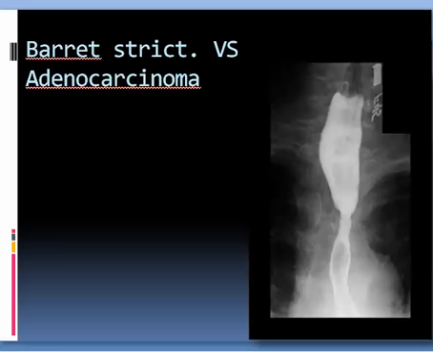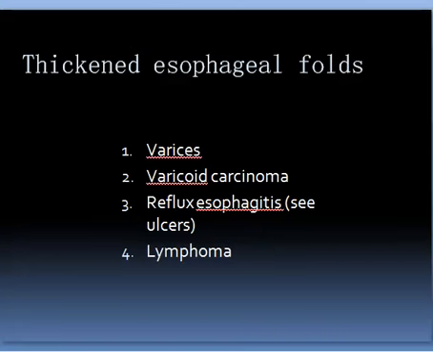Barrett esophagus versus adenocarcinoma, because the short narrowing is also of irregular margin and presents appearance like shouldering, so we have to differentiate from adenocarcinoma. Thickened mucosal folds is another subject which could be due to varices, varicoid carcinoma as we said before, reflux esophagitis, and lymphoma.